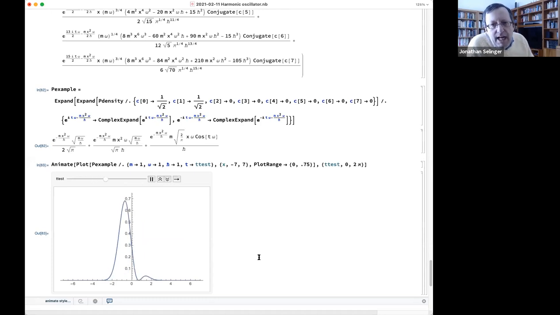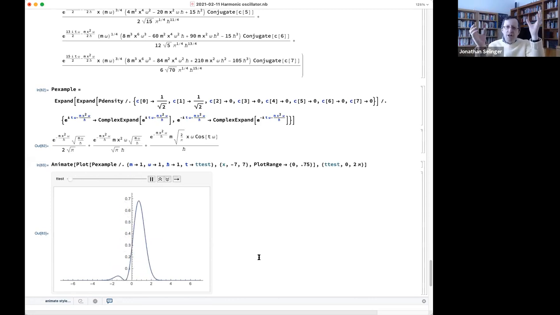And you can see that this looks a lot like my game of Pong in the particle in a box case, right? We have probability that's going back and forth between the two sides.